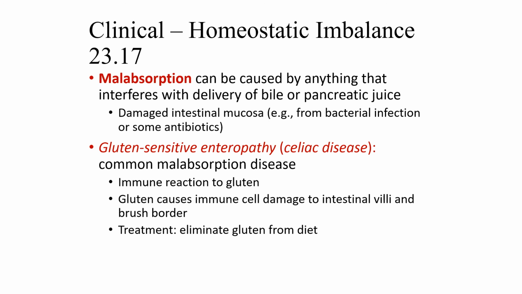And basically what happens is that the immune response damages the brush border. And so there aren't enough brush border enzymes. They don't have a place to work, and so macromolecules don't get broken down into the monomers, and since there are no monomers, they can't be absorbed.